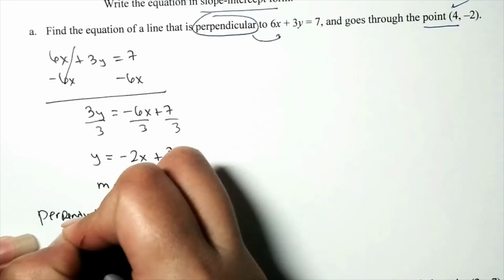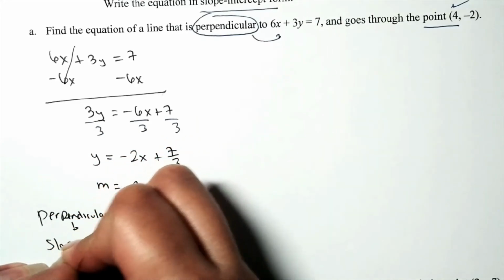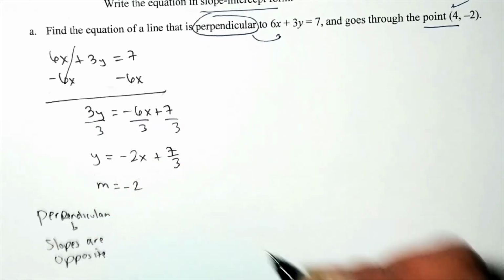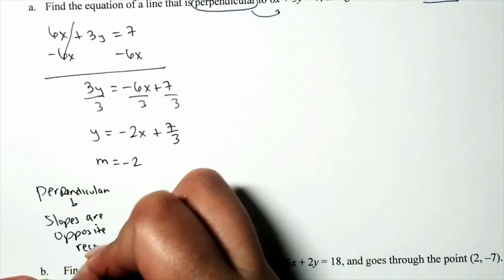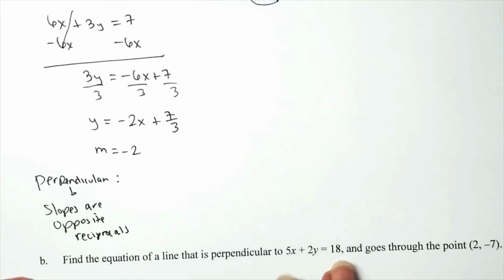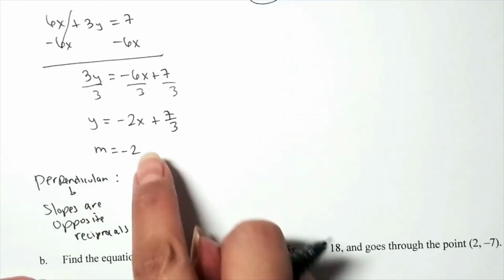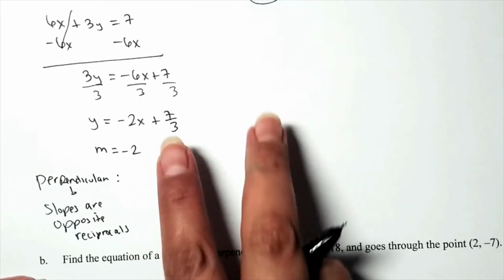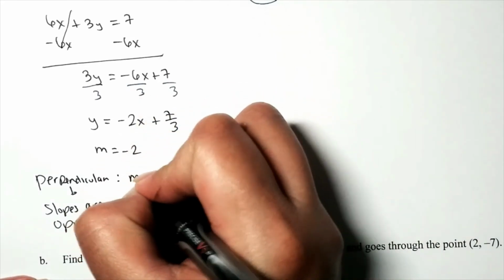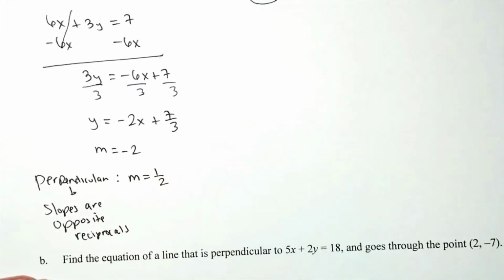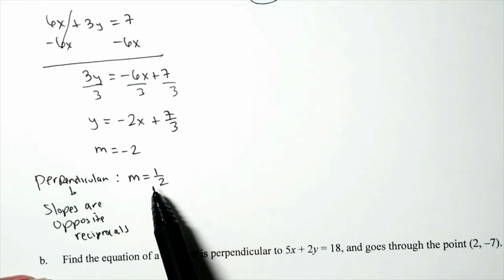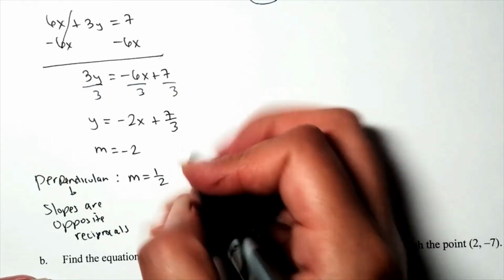Perpendicular slopes are opposite reciprocals. So the opposite of negative 2 is positive 2, and the reciprocal of 2 is 1/2. Altogether, the opposite reciprocal of negative 2 is positive 1/2. So this is the slope that we're going to use.